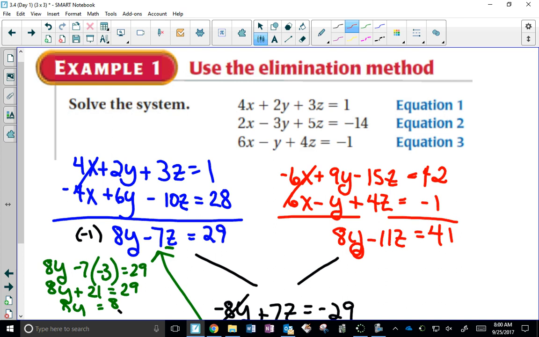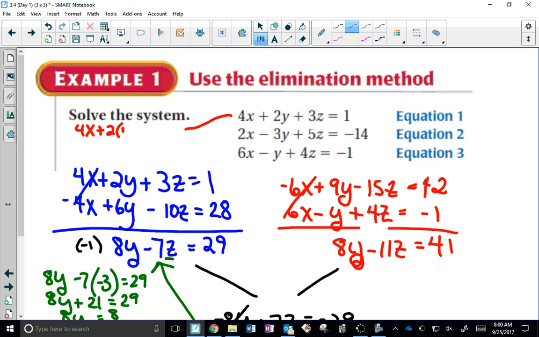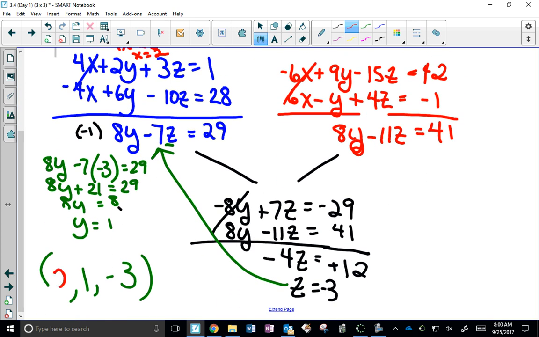So I don't know what x is, but I know that y is 1, and I know that z is negative 3. So 4x plus 2 minus 9 equals 1. 2 minus 9 is negative 7. When we bring it over, it'll be 8. Woohoo! X is 2.